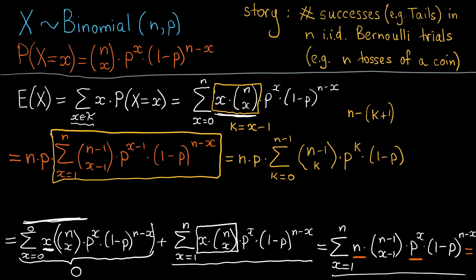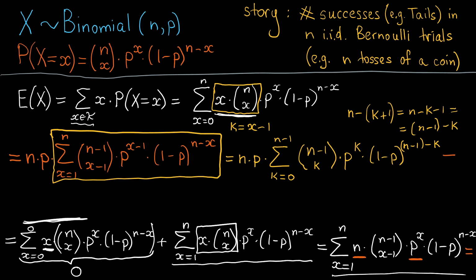So what we have there is n minus k minus 1. And let's just write it as n minus 1 minus k. Okay, so that's the power to which 1 minus p is raised, n minus 1 minus k.